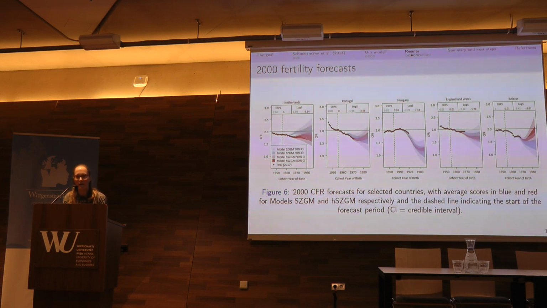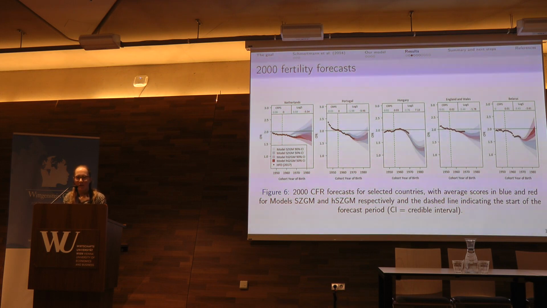So now I can show some of the plots for individual countries for the CFR. On the left we have the Netherlands, which is a country where we did quite well. So our credible intervals are the ones in red, and the Schmertmann ones are the ones in blue, and the black points are the observed CFR values, and the forecast period is after the dashed line.